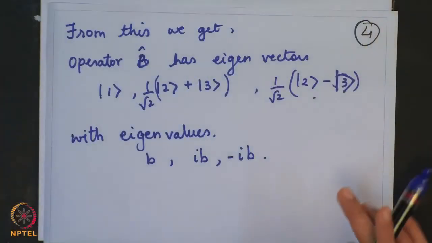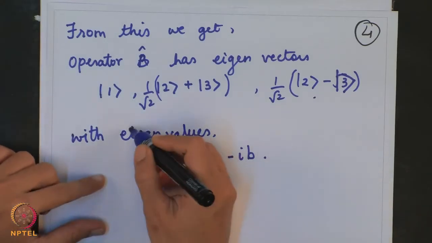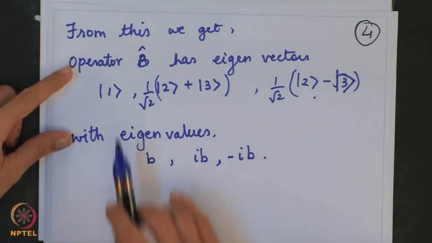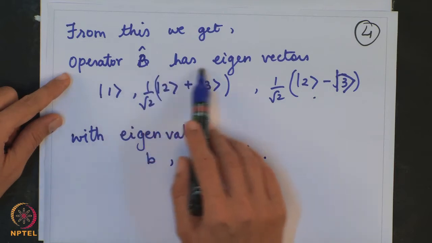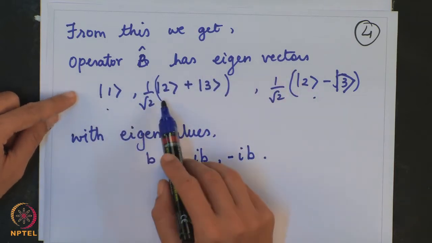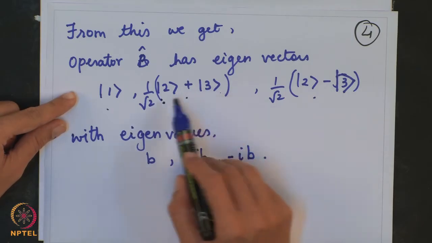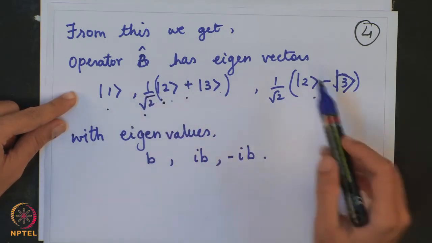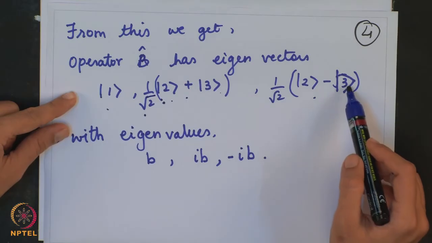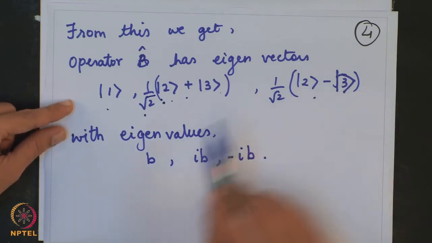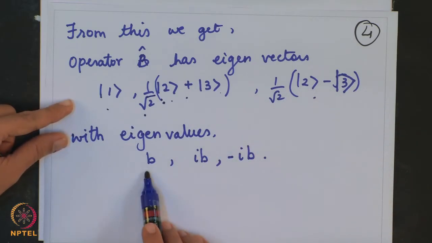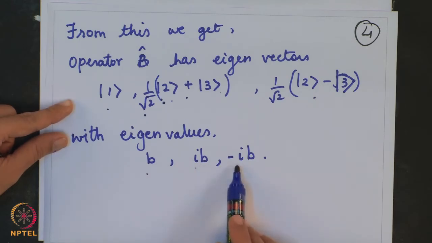So, precisely, you can see that operator B has eigenvectors ket 1, ket 2 plus ket 3 by root 2, and ket 2 minus ket 3 by root 2, and the corresponding eigenvalues are B, iB and minus iB.